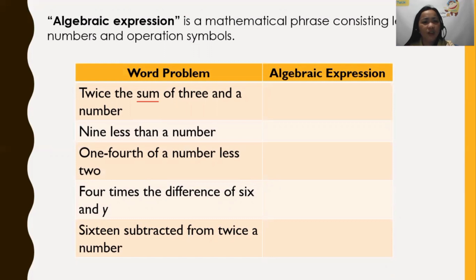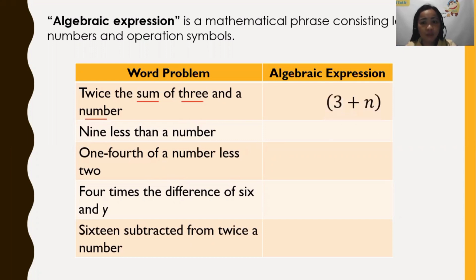So we have here twice the sum of 3 and a number. Here you can see the word sum. When there is the word sum, product, difference, or quotient in an expression, you must first put that into parentheses. Now we have here 3 and a number.